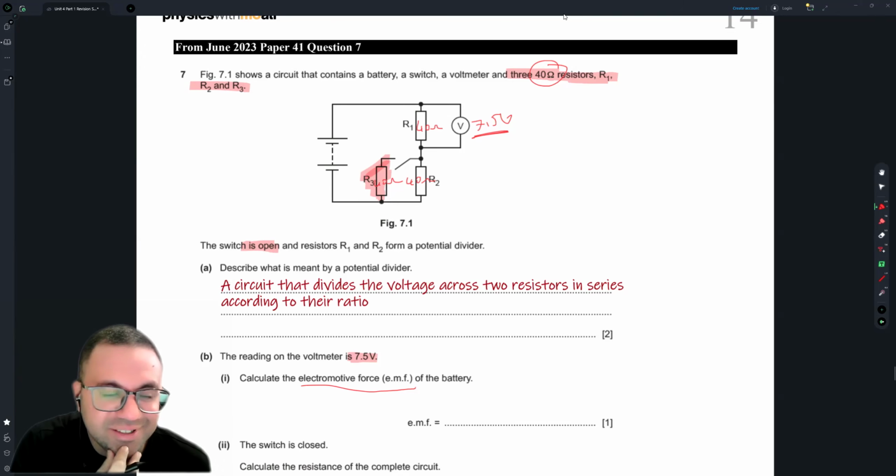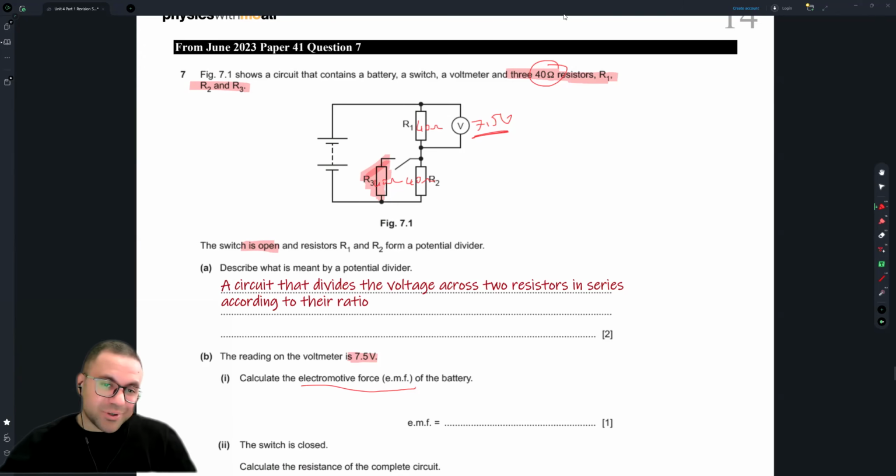So if this gets 7.5, this also gets what? 7.5. Which means the total voltage is what? 15. 7.5 plus 7.5 is 15.